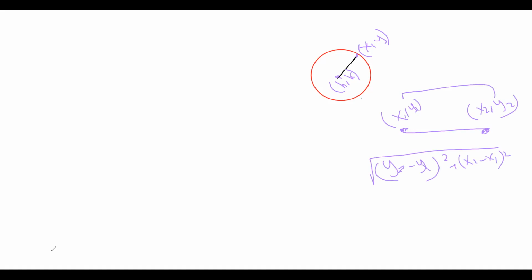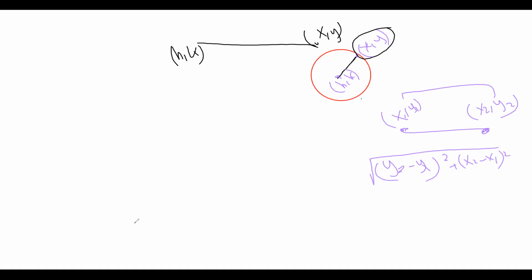This is how I can find the distance of any line. If I have 2 points and the line between them, I can find the distance. Here now for the circle we will do the same. We have (h, k), the center, and (x, y), the point on the circle.